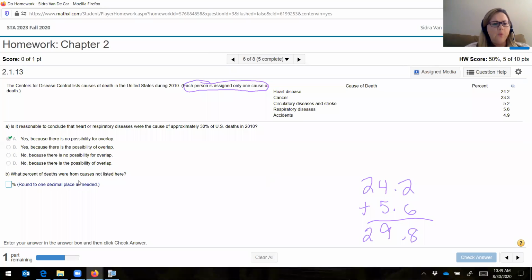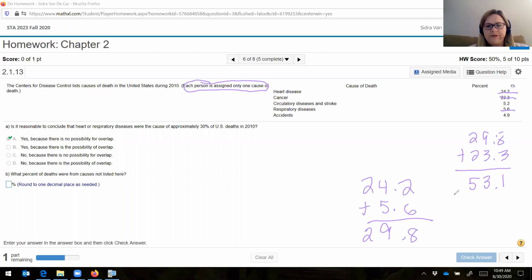Okay. What percentage of deaths were from causes not listed here? Okay, so notice that I added up these two and I got 29.8. That was here and here. So let's add on the others. So 29.8 plus 23.3, and we get, carry the 1, 53.1, so that took care of that.